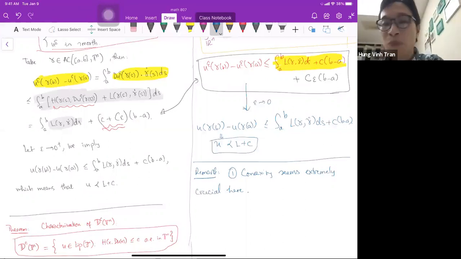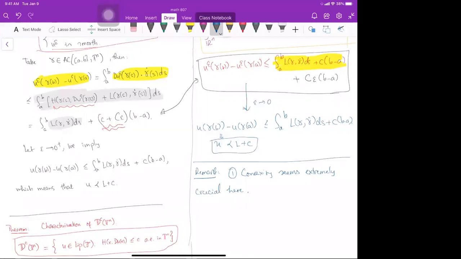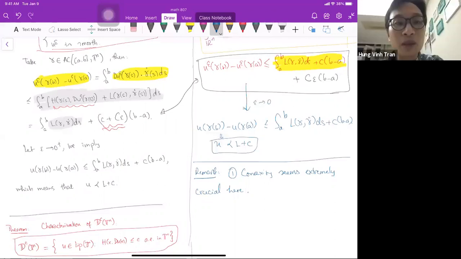Can I ask two quick questions? The first one is, I think when U is Lipschitz, we have the chain rule and the fundamental theorem of calculus for everywhere points.